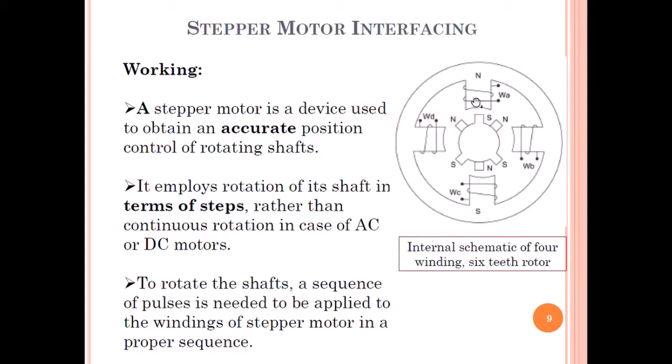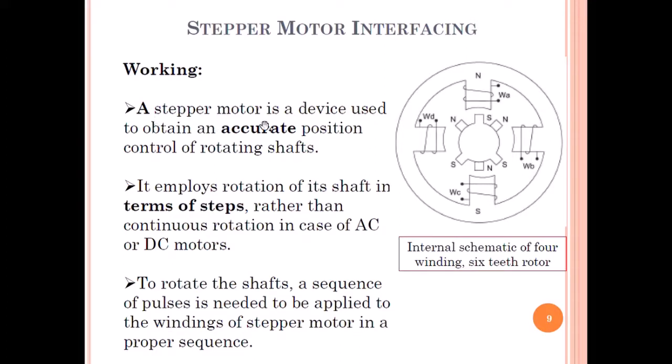First it is aligned in this direction, then it will be aligned in this direction, so it will rotate by a little angle and not fully 90 degrees, and in such steps it will move.